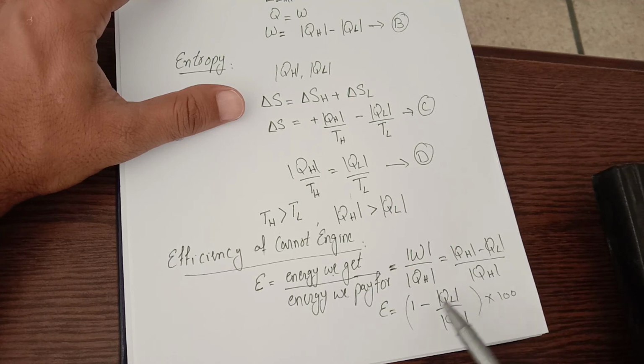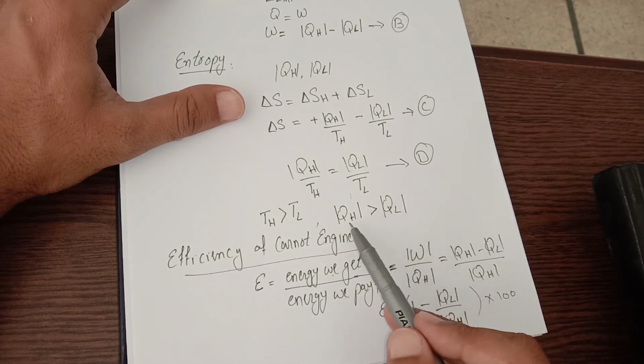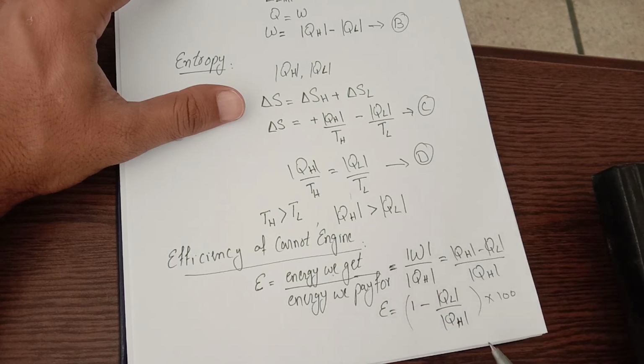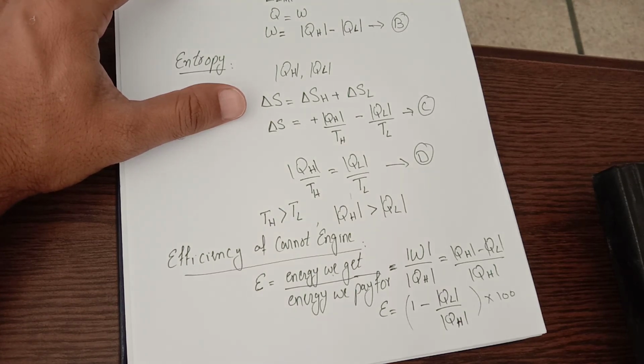And this efficiency would be 0 if QL is equal to QH. This is not possible because we have already discussed that QH is always greater than QL. So practically this factor should be less than 1, and the efficiency of a real Carnot engine would be less than 100%.